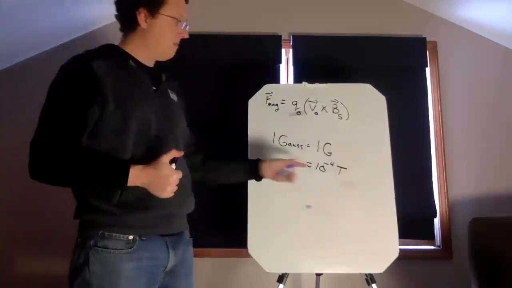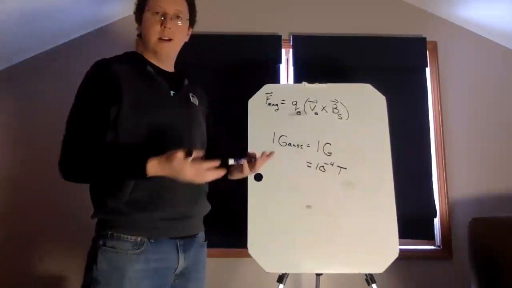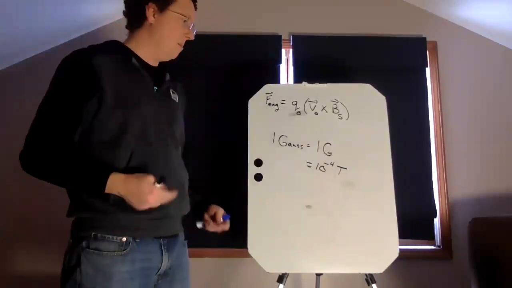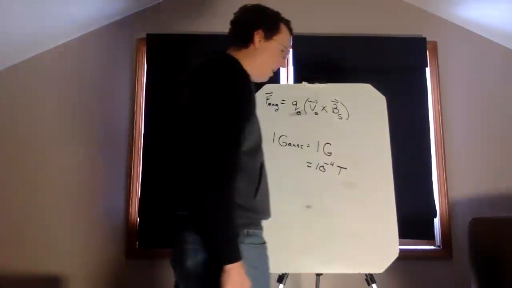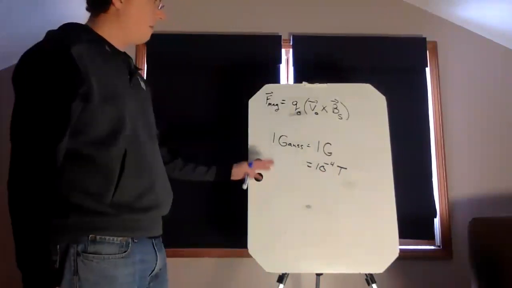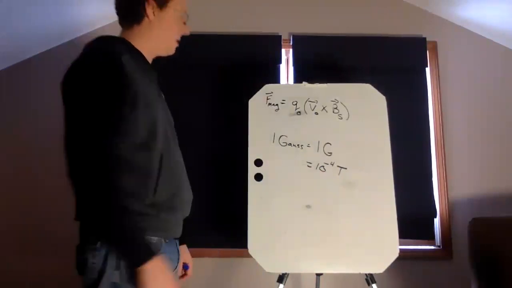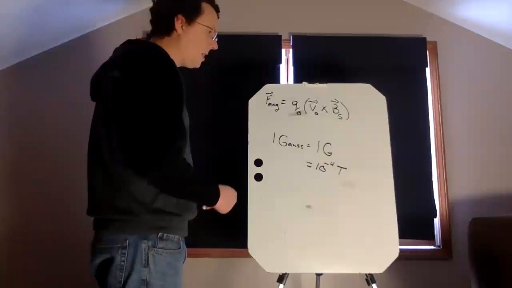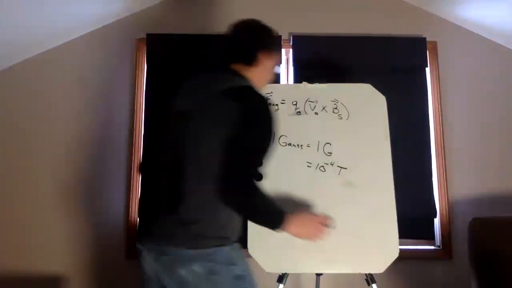Right? So it doesn't follow the usual metric set of conventions. This turns out, though, to be a more everyday size of magnetic field that people have. So when you have a problem, just read it carefully and you can do the unit conversion. It's just a factor of 10,000 between them. All right.